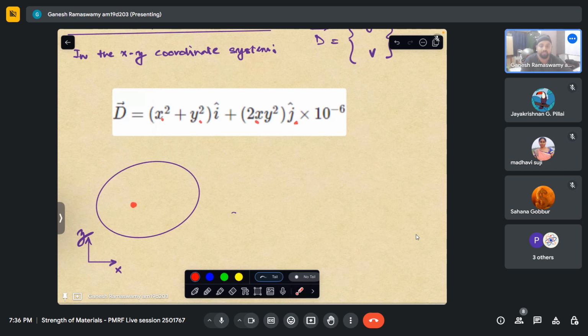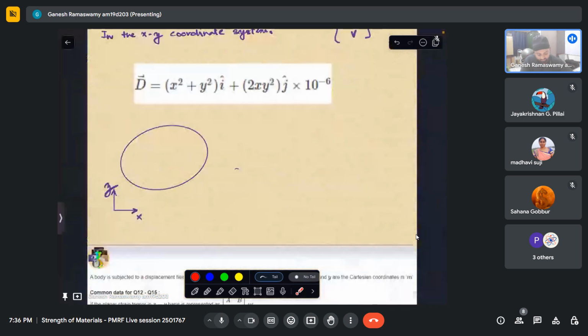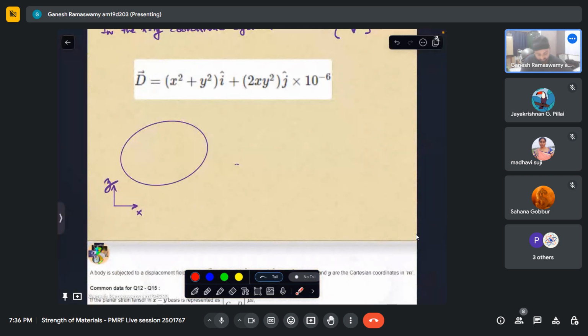So that is what a displacement field implies. The displacement field is essentially a vector field. Whatever x, y I plug in, it gives me at that point what the displacement vector is like. At this point, it can be this way. At that point, it can be that way. What it implies is the material is getting deformed, it is having displacement in that way.